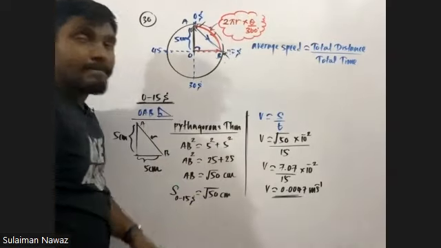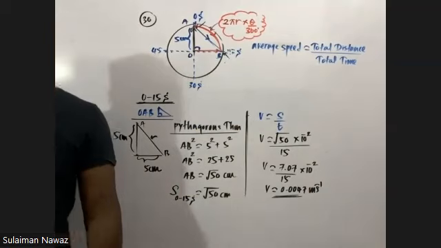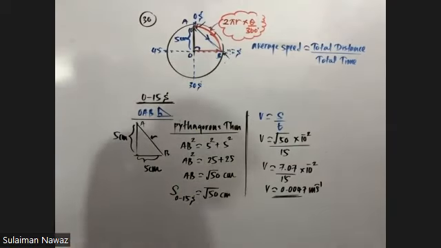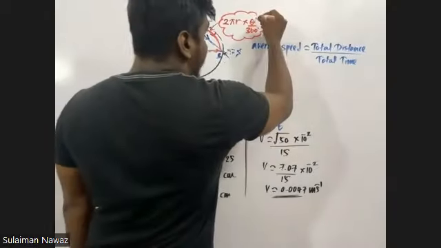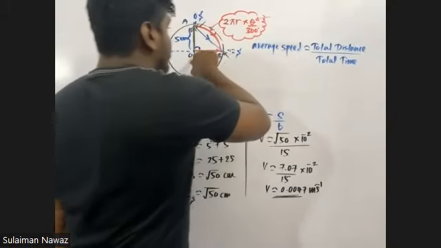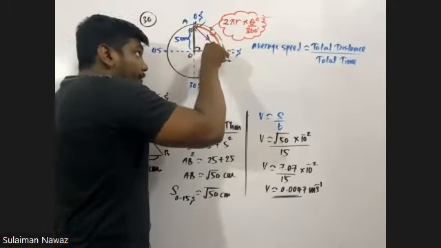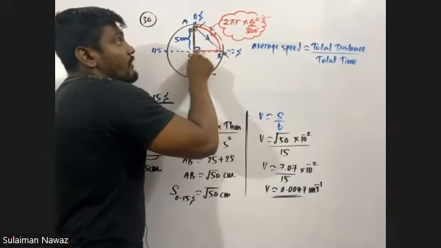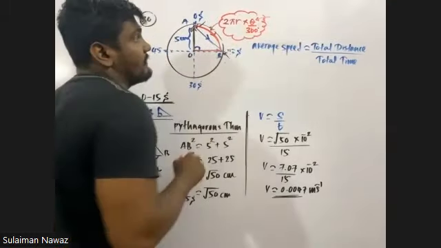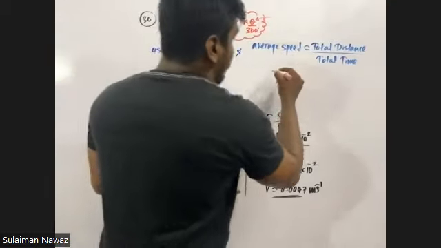Raise your hand if you remember. Then what is this θ? Angle subtended at the center. Now this arc produces 90 degrees at the center of the circle, so your θ is 90.